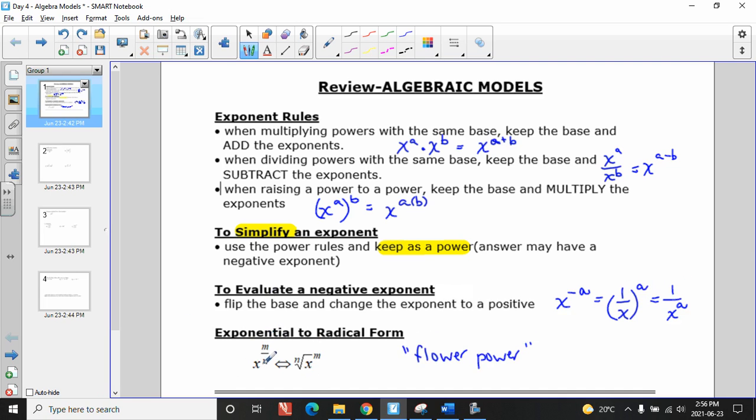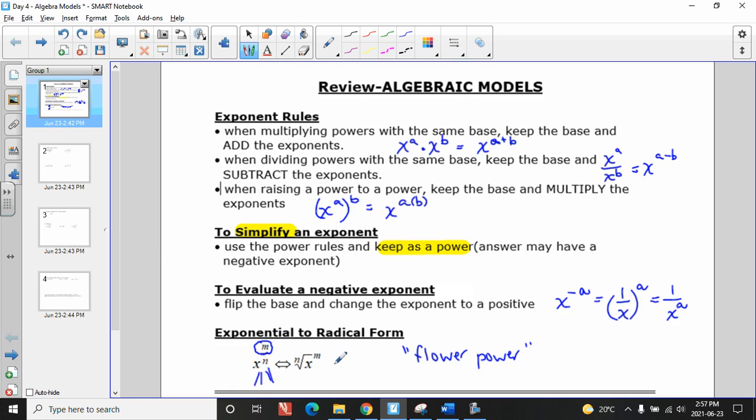The denominator or the bottom of the fraction is like the root, so we're going to take a root. And the numerator of the exponent is the power, so that's like the flower power part. So it stays a power. So the bottom is the root, the numerator is the power.